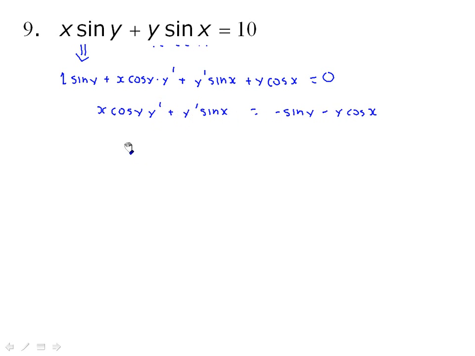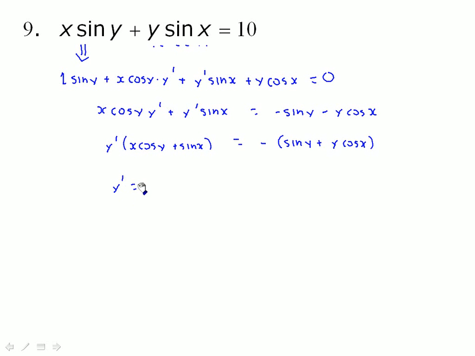Do what we've always done, factor out a y prime, and that leaves you with x cos y plus sine x, and that's equal to negative, I'll factor out a negative, so I get sine y plus y cos x, and then we divide out.